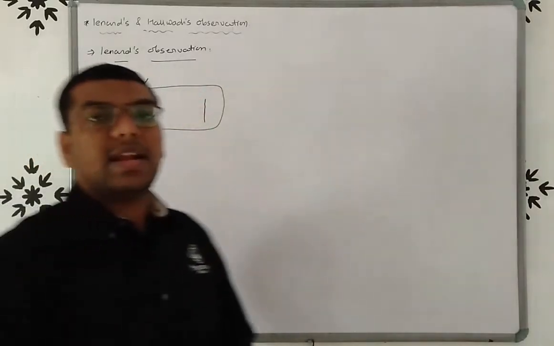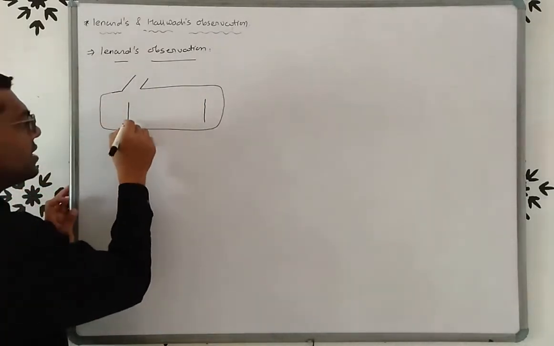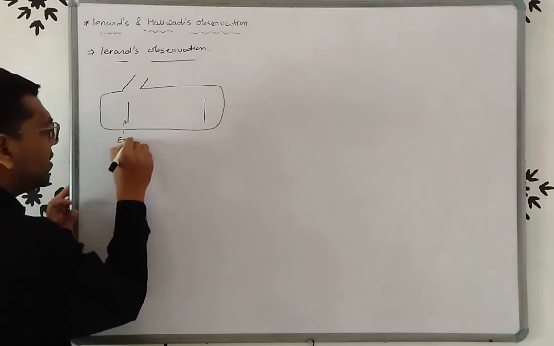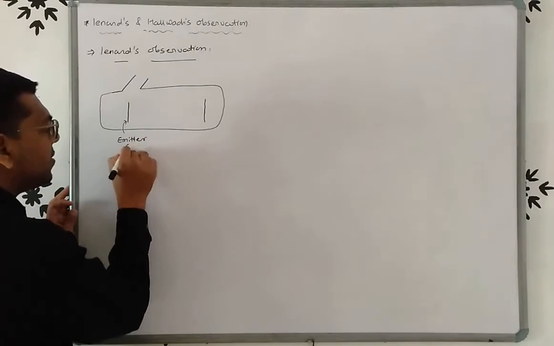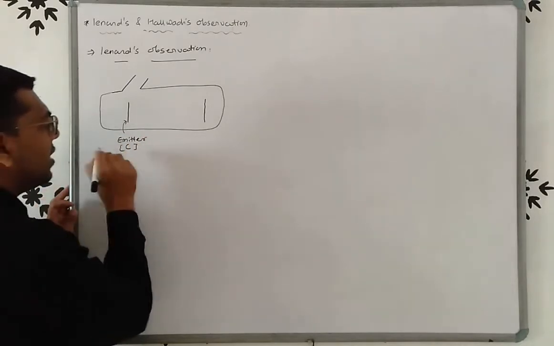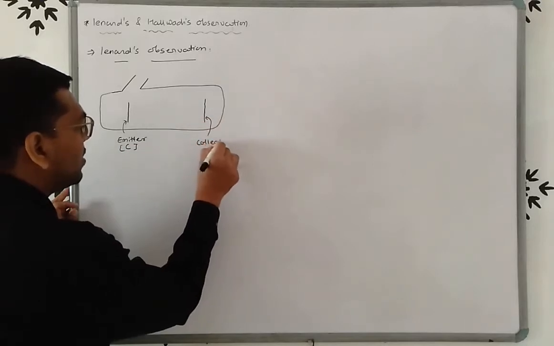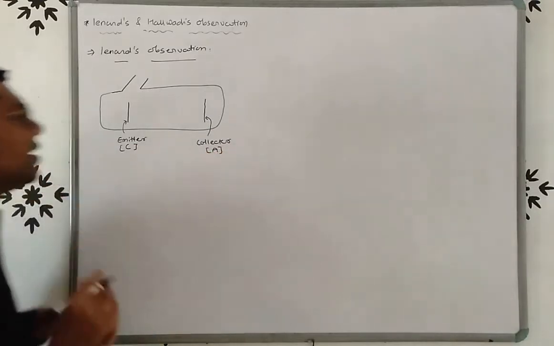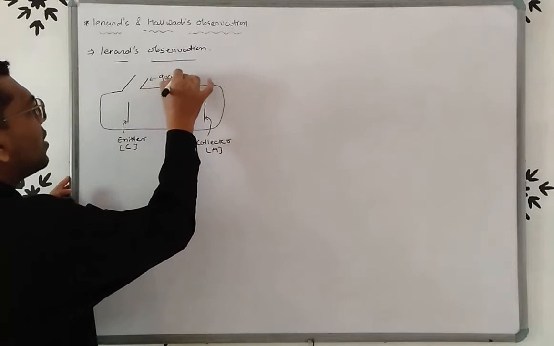Now friends, this electrode is known as the emitter, that is denoted by C, right? And this one is known as the collector, that is denoted by A. This is the quartz window.